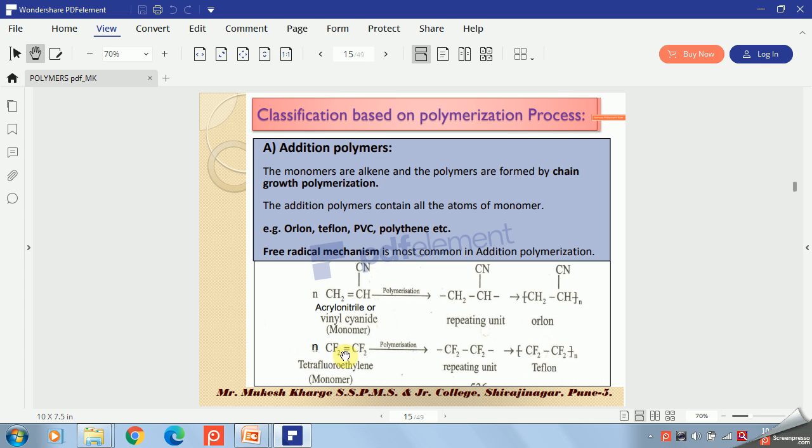Or another example is CF2=CF2. If we take n molecules of this tetrafluoroethylene which acts as a monomer, the repeating unit is -CF2-CF2- and it will produce (-CF2-CF2-)n. Your compound is Teflon. So this is a linear polymer, but the monomers get added, that's why it is called an addition polymer.